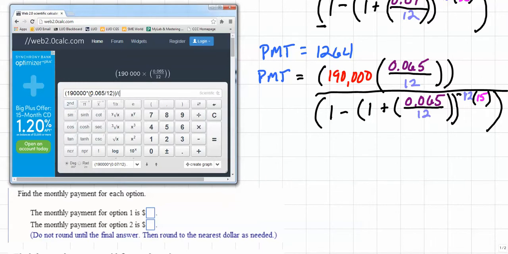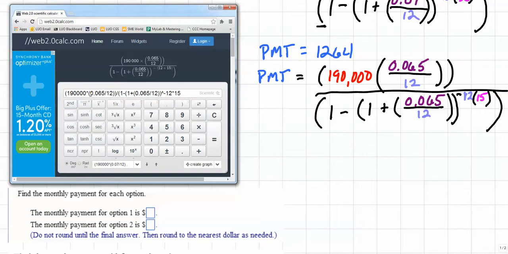I open parentheses 1 minus open parentheses 1 plus open parentheses again 0.065 divided by 12, close parentheses again. Then we're going to do the shift 6. We're going to type in a negative symbol times 12 in front of 12 times, and we go with 15.